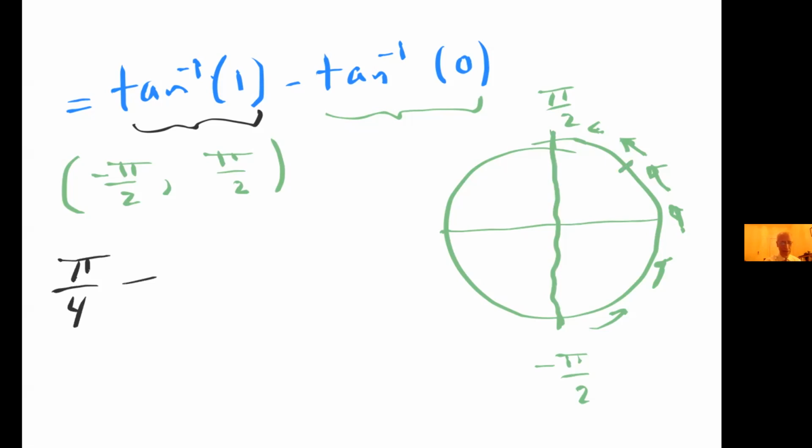Where in here, between negative pi over 2 and pi over 2, at what theta, in this case what t, is the tangent 0? Well, tangent is sine over cosine, and I'm looking for the point where sine is 0, and that would be 0. So that equals only pi over 4. So that's the answer to part A of this problem.